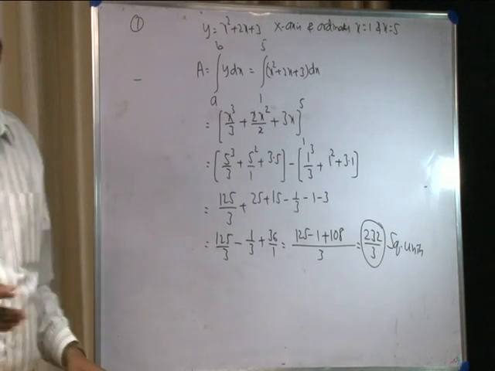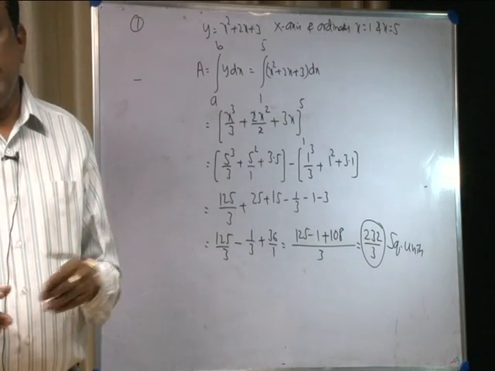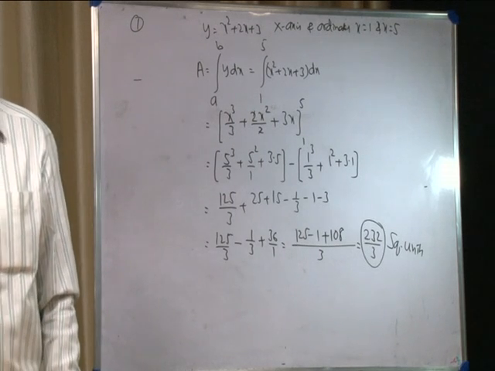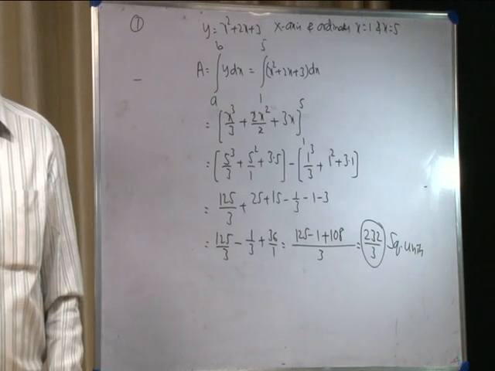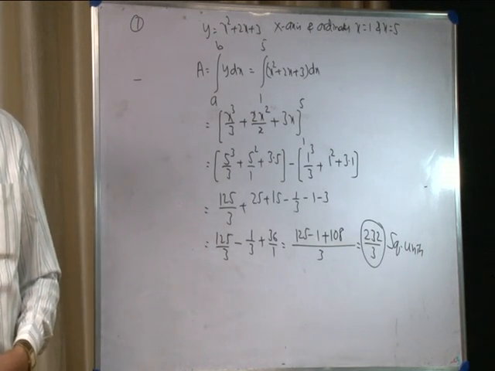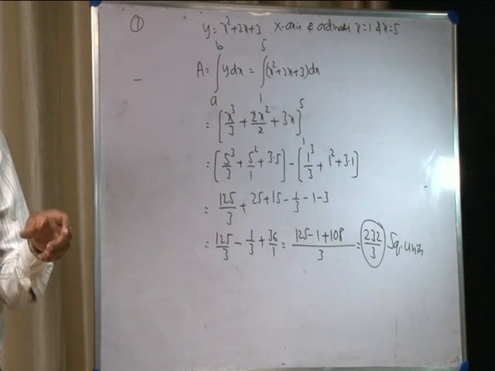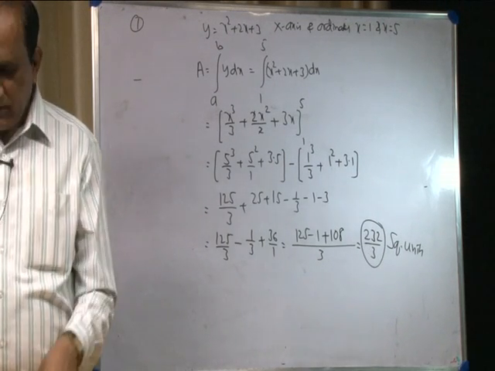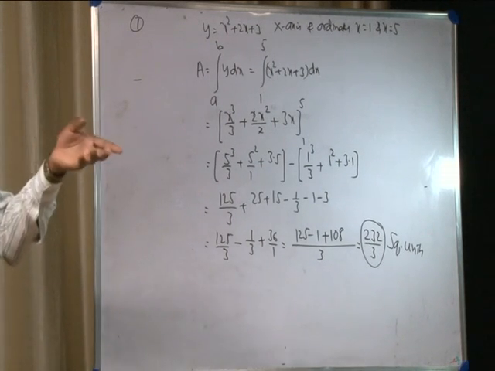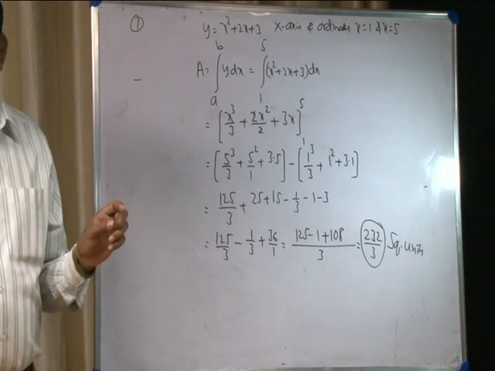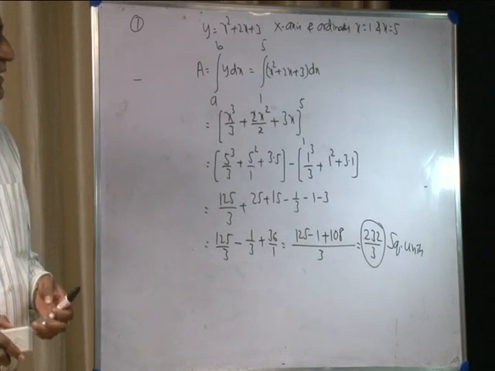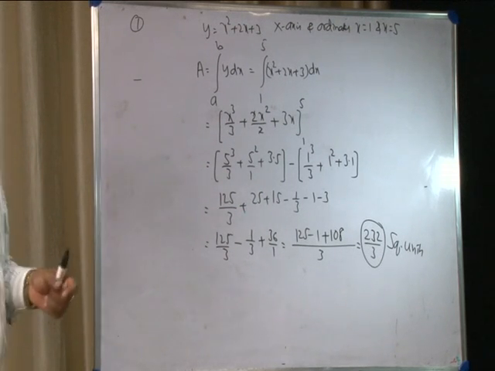For example, the area of a room is 10 feet breadth into 15 feet length, so totally 150 square feet, that is the area. We cannot express minus 150. Therefore, if you get area or volume in negative, you must write it in positive. So, area is 232 by 3 square units. This is the final answer.